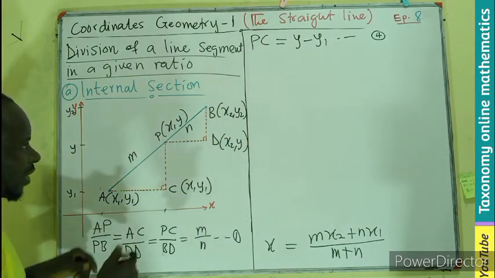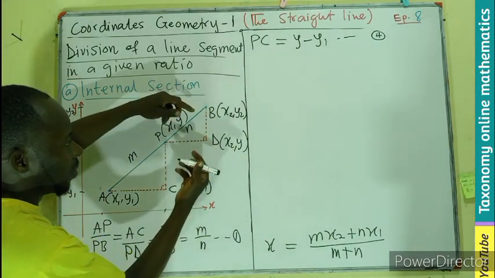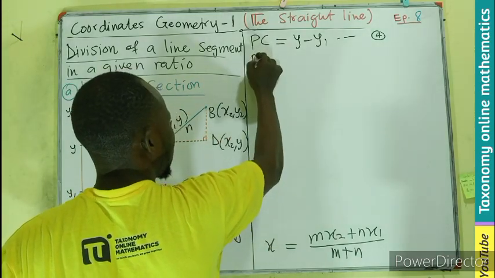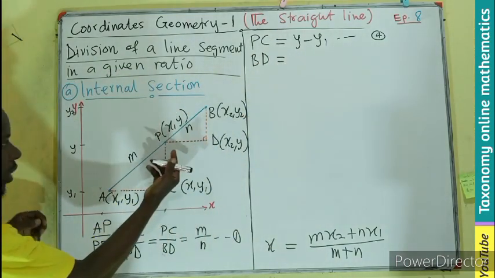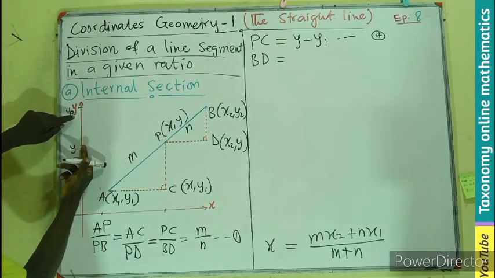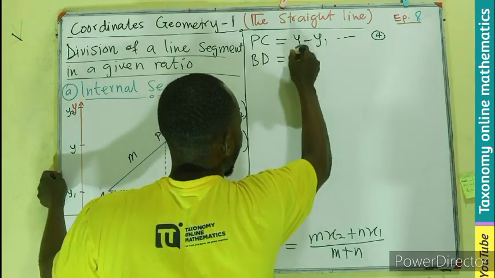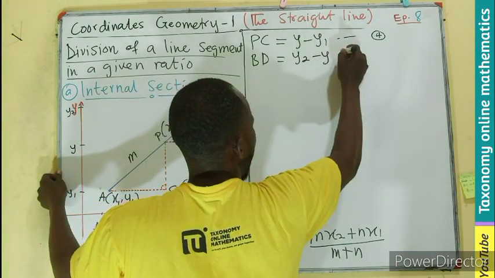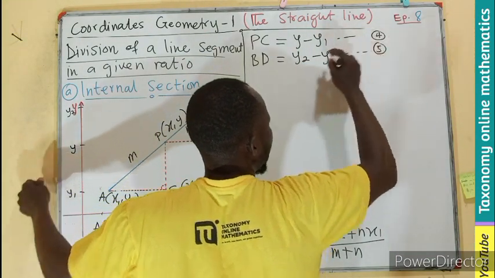Okay, then let's pick the next, BD, which is also going to concentrate here, the highest minus the least, y2 minus y, as equation 5.